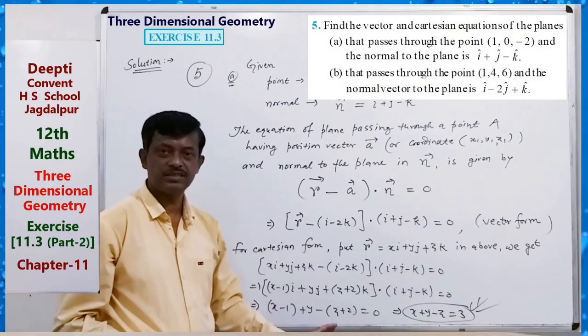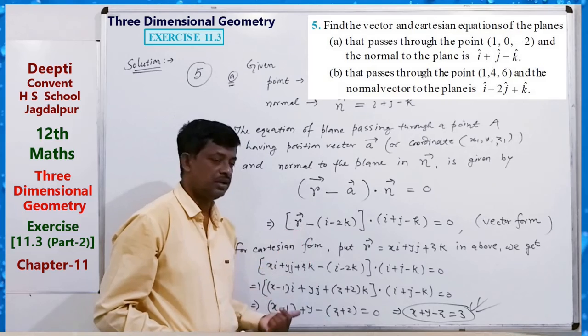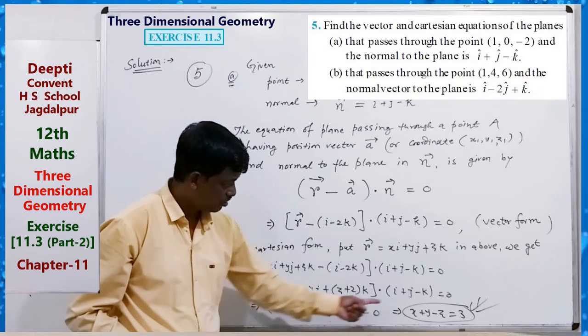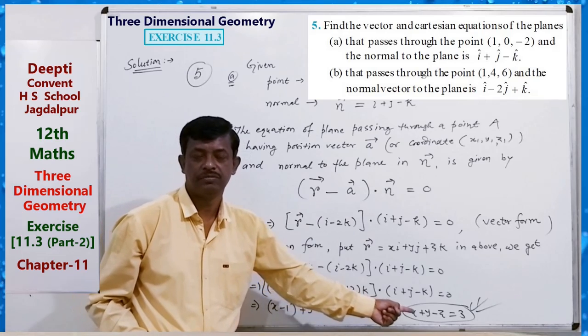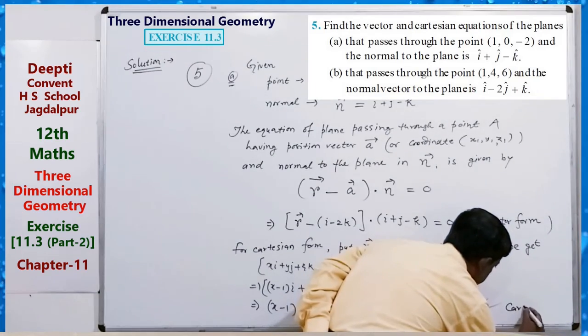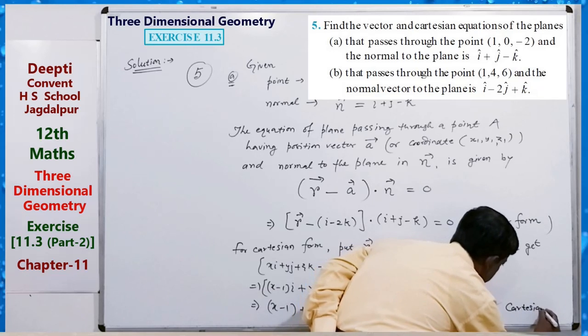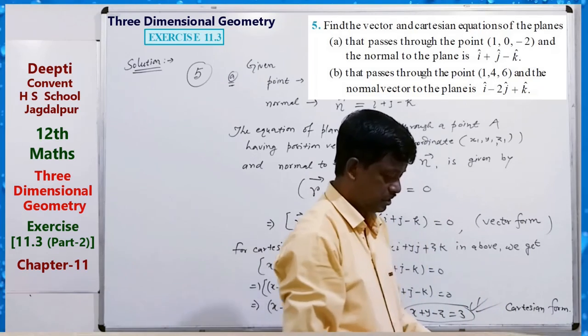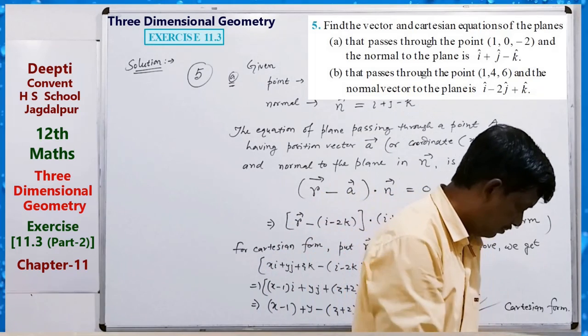For finding the Cartesian form, just write r equals xi plus yj plus zk in this and solve it. You can get the Cartesian form. Similar question, so do it completely. Okay. So this is question 5.